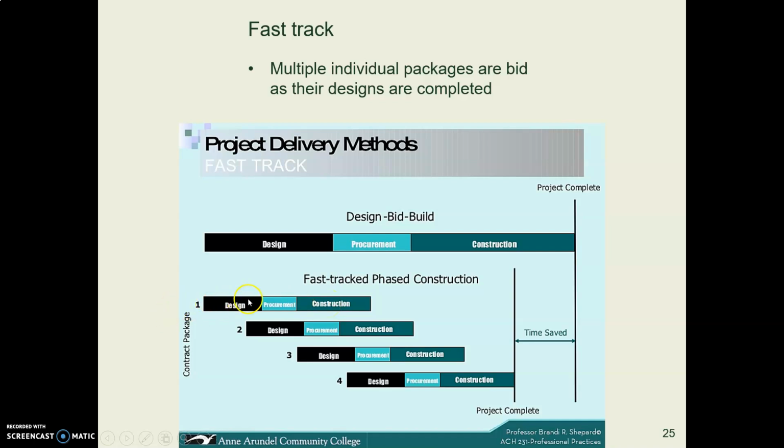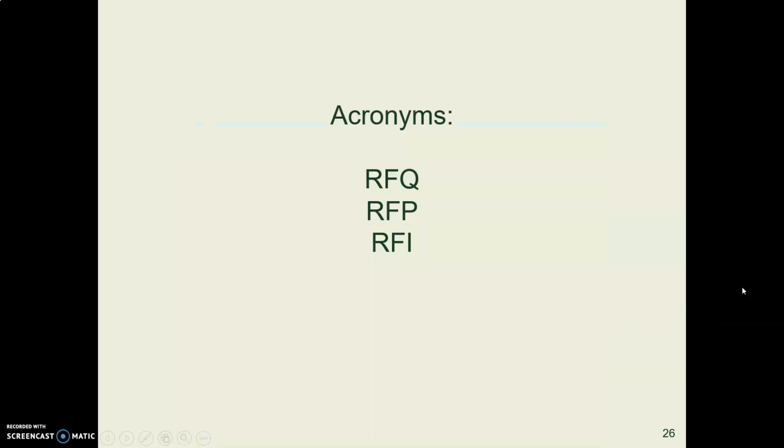So the designer may have some of the design done, let's say the foundation plan done, and the foundation contractor can begin building while the designer is still working on the wall design and so forth. This winds up cutting the delivery time.